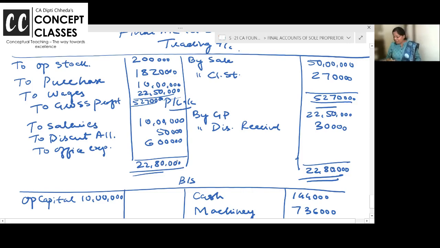How much is the net profit you all are getting? Calculate fast. It's an easy sum. Any doubt you have, ask, ma'am, why did you write this? Where did you write? Net profit is coming 6,30,000.